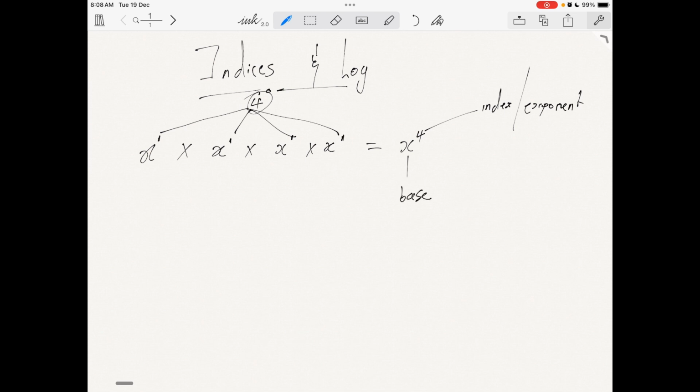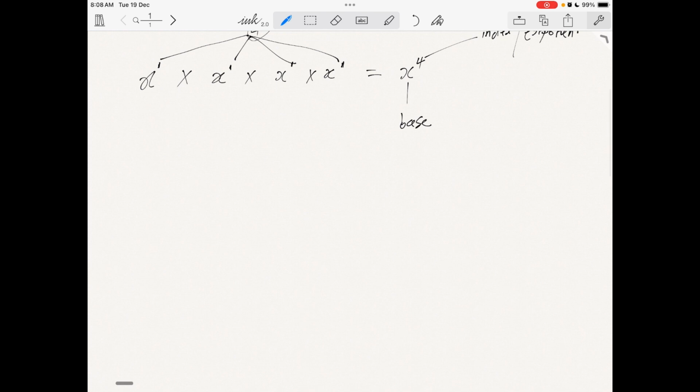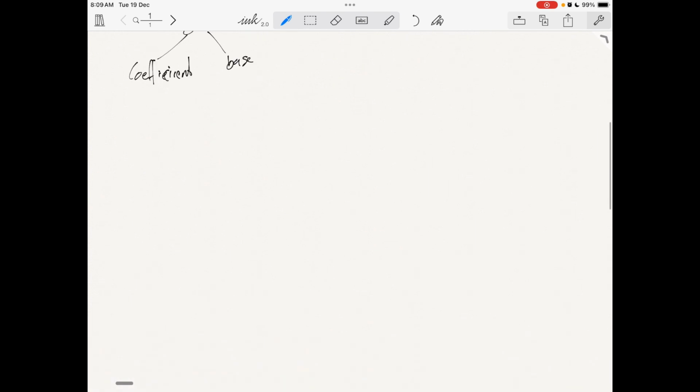And if by any chance we have, let's say, 3x raised to the power 4, this 3 here will be known as the coefficient, the x is known as the base we have established, and the 4 is known as the index or exponent.